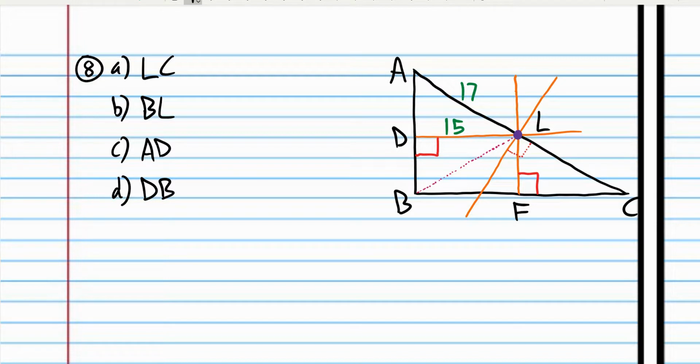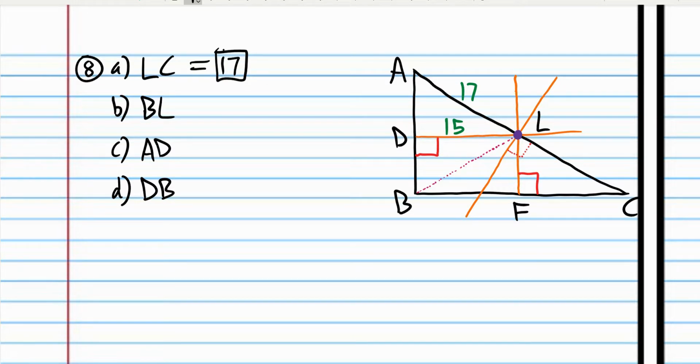All right, we're back. LC. Because this is a perpendicular bisector, it bisects, which means because this length is 17, this length must be 17 also. So LC is 17. And BL.